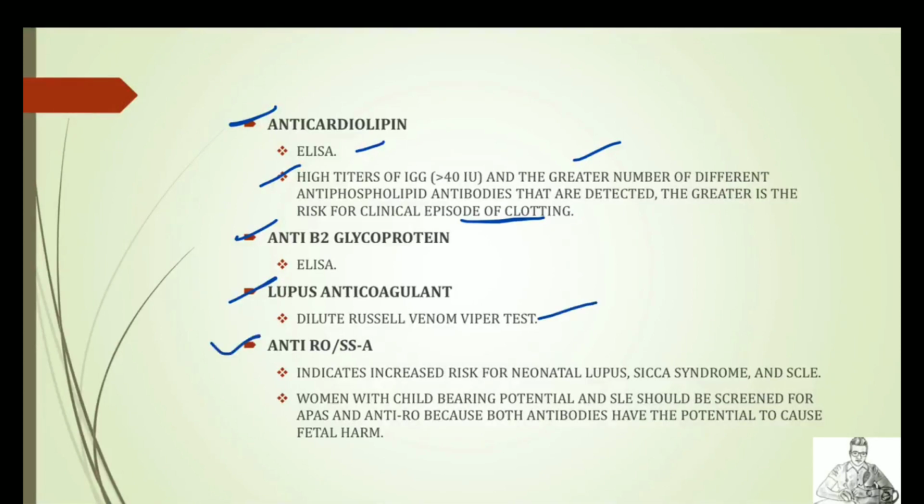And lastly, anti-Ro and SSA, as we talked about in Sjögren's syndrome also, indicate that the patient has an increased risk for neonatal lupus, Sjögren's syndrome, and subacute cutaneous lupus erythematosus. Women with childbearing potential and SLE should be screened for APS, that is anti-phospholipid antibodies, and anti-Ro, because both antibodies have the potential to cause fetal harm.